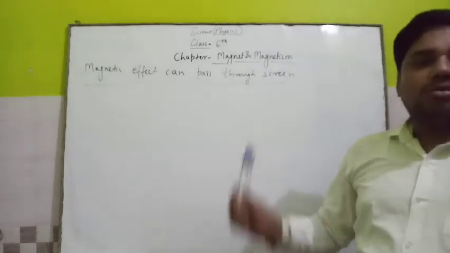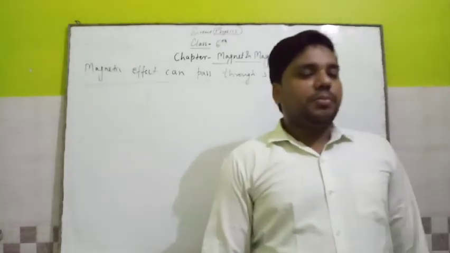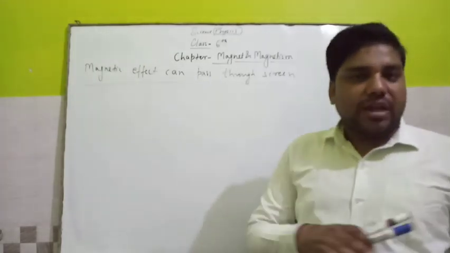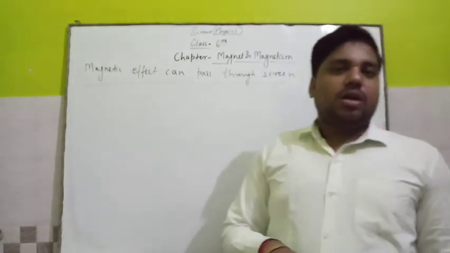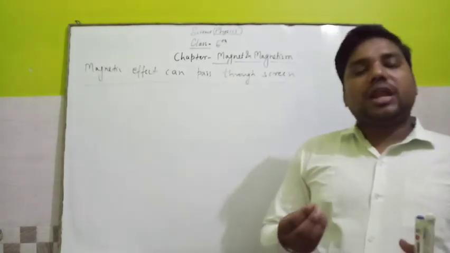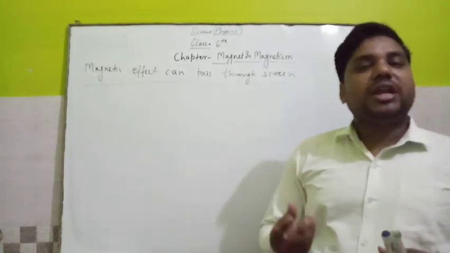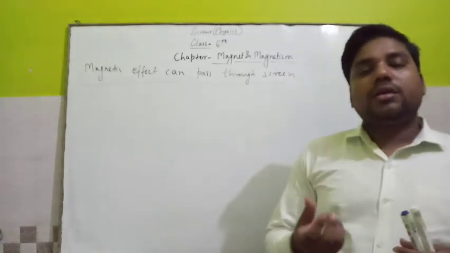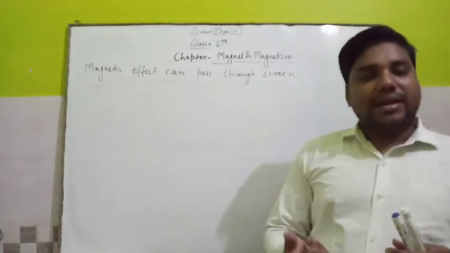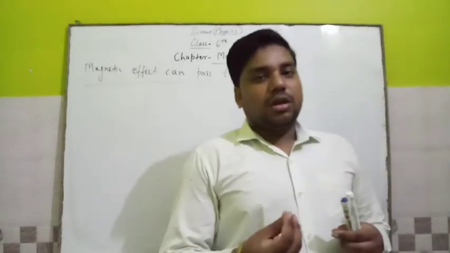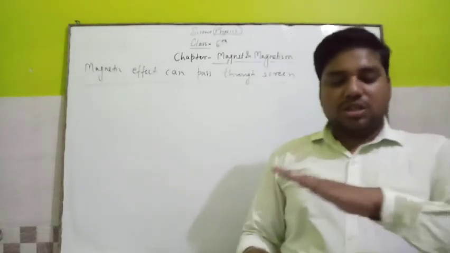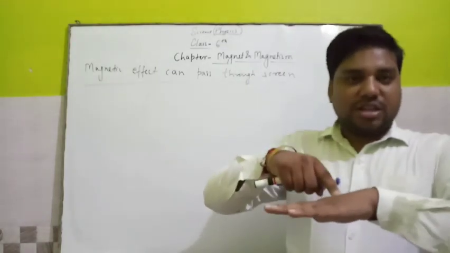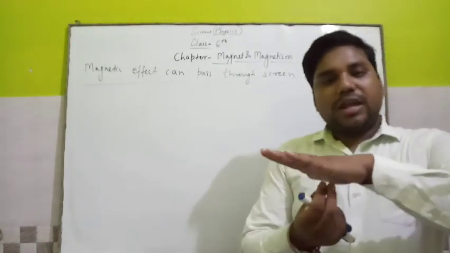But how can you prove this? Suppose you take a simple paper. On one side you take a magnetic substance, suppose iron, and on the other side you take a magnet.